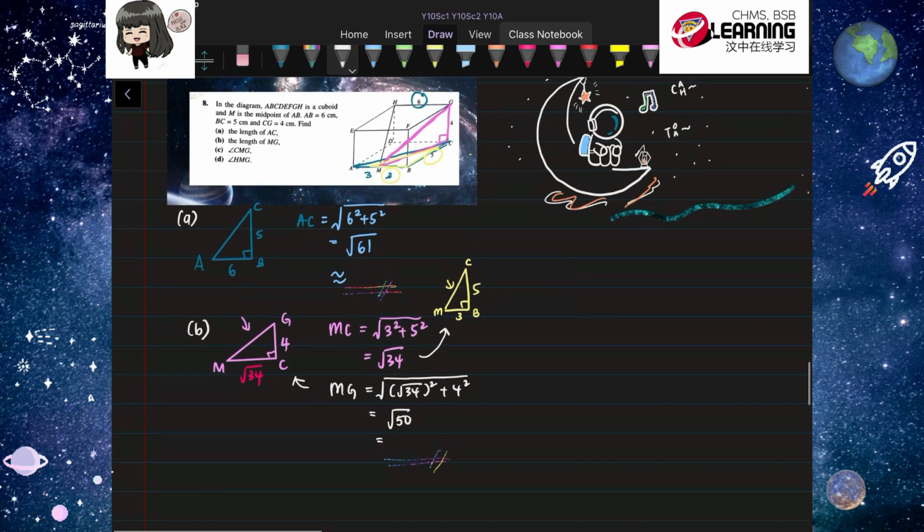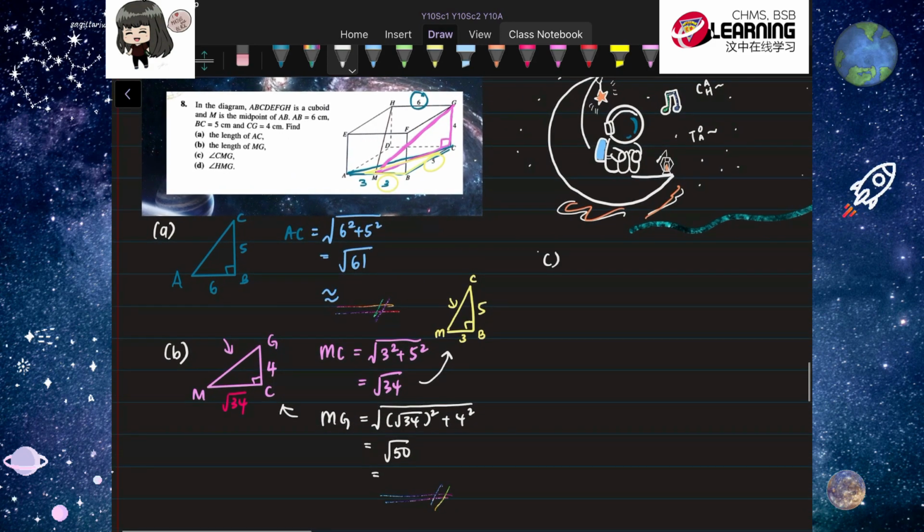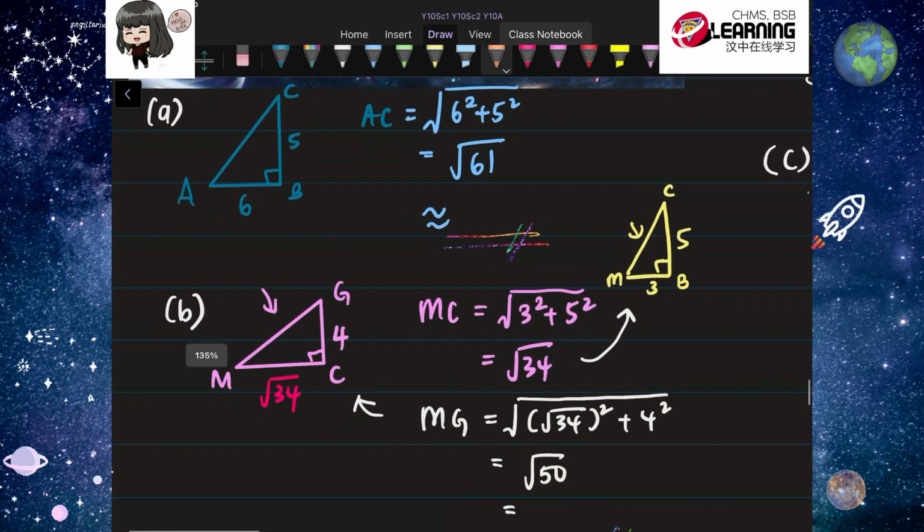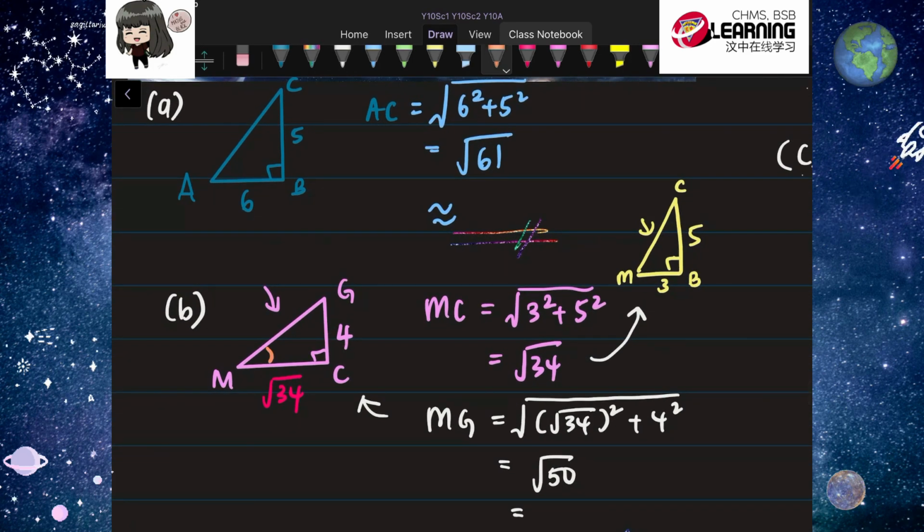And then let's look at C. C is finding angle CMG. Let's look at what is CMG over here. CMG is this angle which is in this triangle already. So we're going to find this angle.